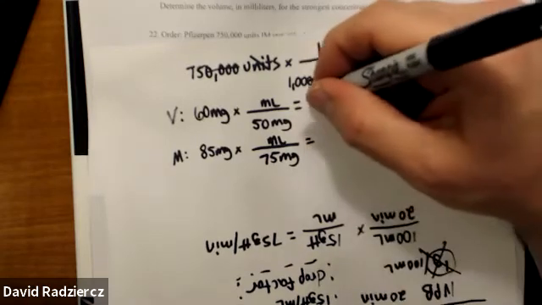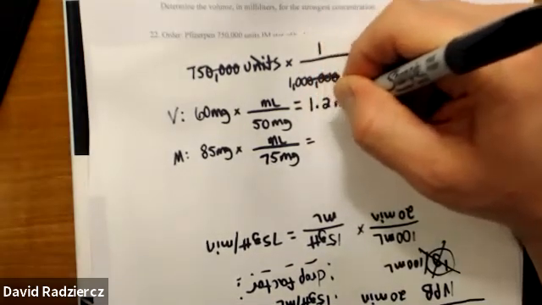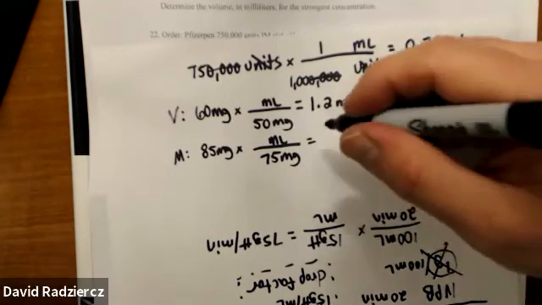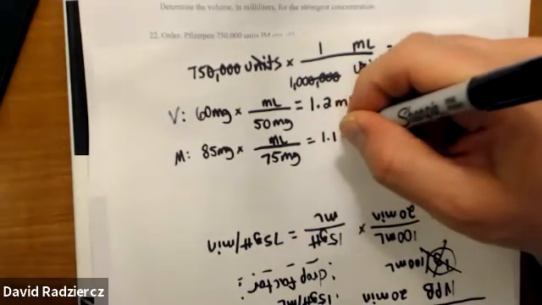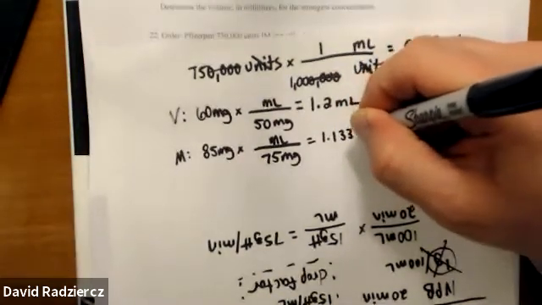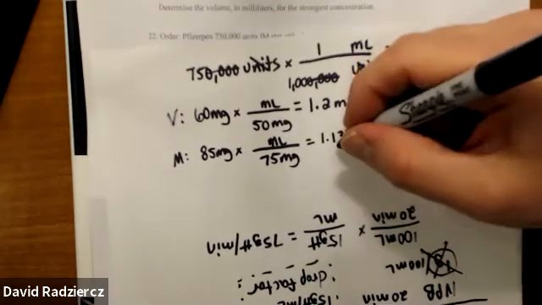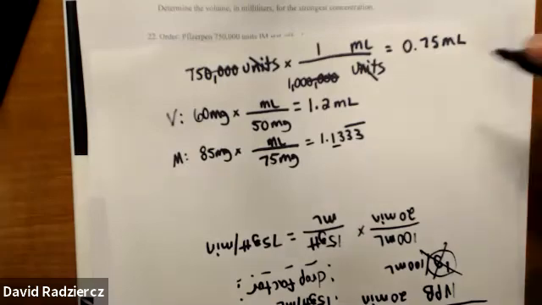gives me 1.2 milliliters. And then 85 divided by 75 gives me 1.1333 and just keeps on repeating. And so what we're going to do is we can round that to the nearest tenth.